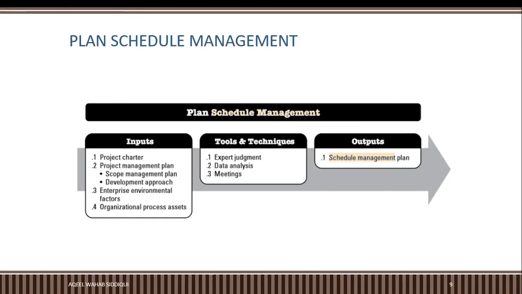Inputs are what you need to work on schedule management. So what documents are needed prior to starting your work on plan schedule management? You need project charter, project management plan, enterprise environmental factors, and organizational process assets.